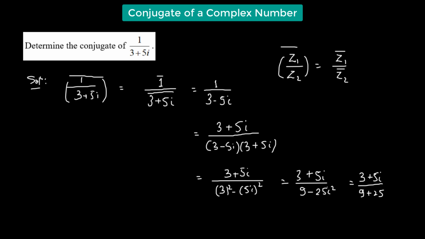So therefore the conjugate will be 3 over 34, plus i times 5 over 34 in the standard form.